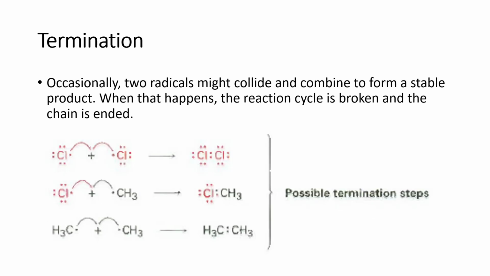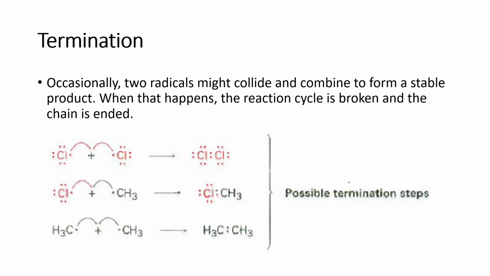Finally is how the process ends. So occasionally two radicals might collide and combine to form a stable product. When that happens, the reaction cycle is broken and the chain is ended.